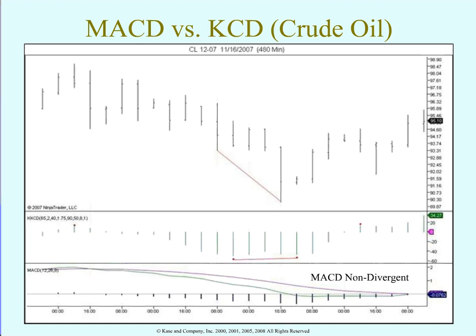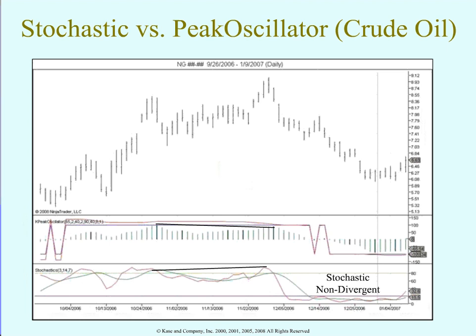The point of this slide is to show you that somebody pointed out earlier the false signals, that you can get a lot of divergent signals and they don't mean anything. Well, this is the opposite, where you get a market turn and the MACD is non-divergent. It just kind of meanders down at the bottom of the chart. And if you look at the KaseCD, you get a really nice clean divergence.